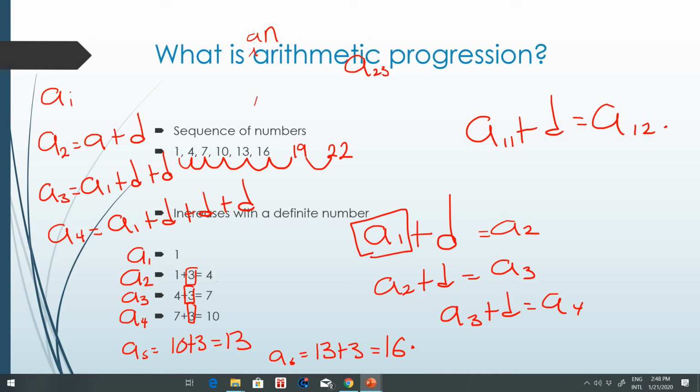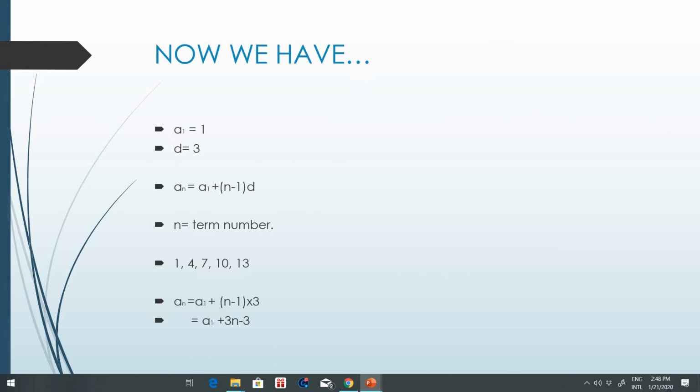So A2 is 1 plus 3, A3 is 1 plus 3 plus 3, and A4 is 10, so that's 1 plus 3 plus 3 plus 3. Let's go to the next slide first so there can be space. So A1 is A1 obviously.